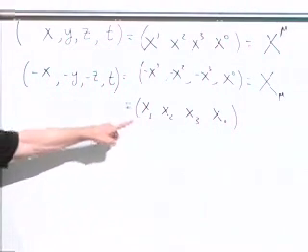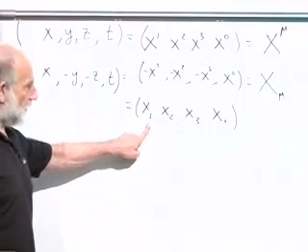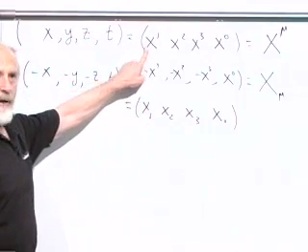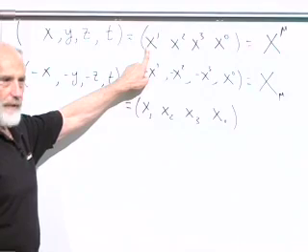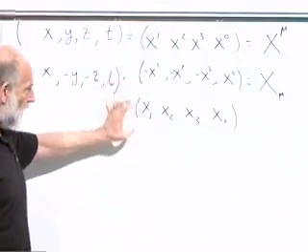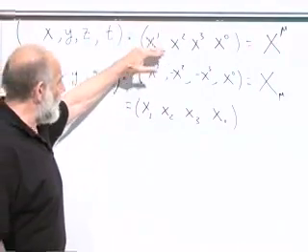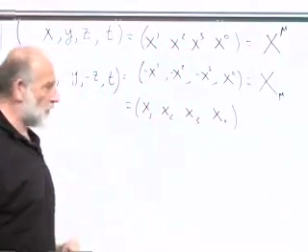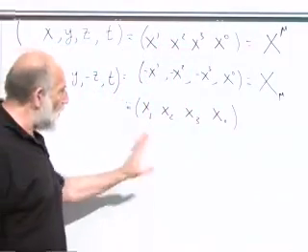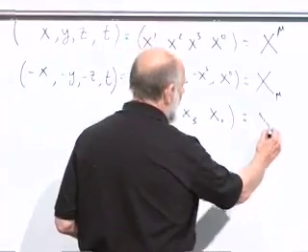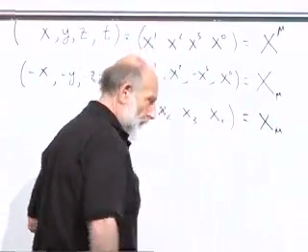So x1 with a lower index is minus the x1 with the upper index. There's nothing fancy going on here. You just take the first three entries and change their sign. And that gives you a new object, which is called x sub mu.